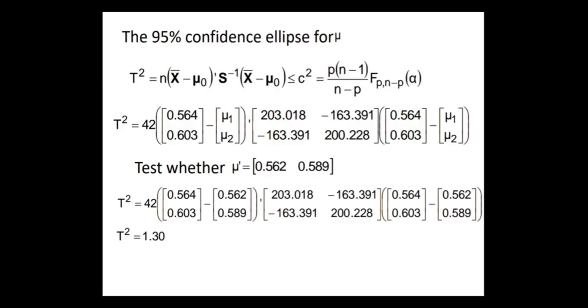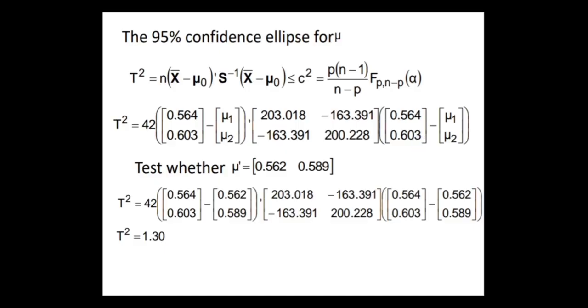We first of all calculate the value of the square distance, or T square, and then compare with the distribution of F. Okay, so here the n sample size is 42. Okay, x bar that we calculated before this, this is the variance covariance inverse matrix. Okay, this is x bar minus mu naught.